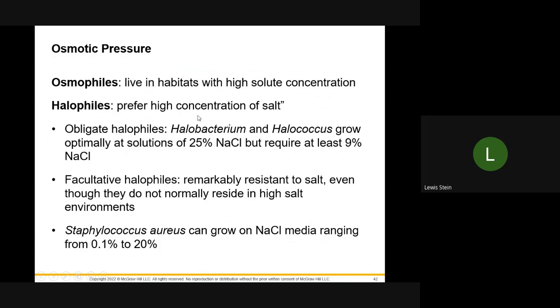Now, there are some that have to grow in it, and some that are remarkably resistant, okay, and they don't normally reside there. But the real player here, I think, among them all is Staphylococcus aureus. So Staph aureus is a very, very interesting organism because it's really a halophile. It exists on our skin. Our skin is a very salty environment.